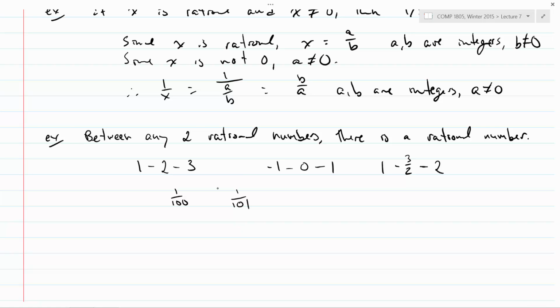So is that going to work? Why will that work? Okay, so this is 2 over 200. This is 2 over 202. And you're giving me 2 over 201. Is that definitely going to be between them?